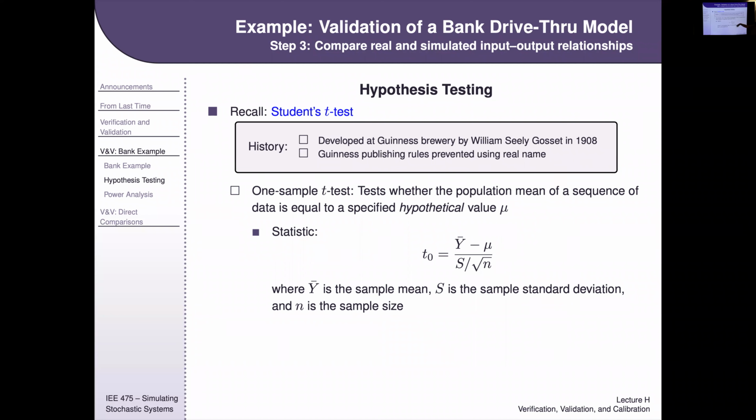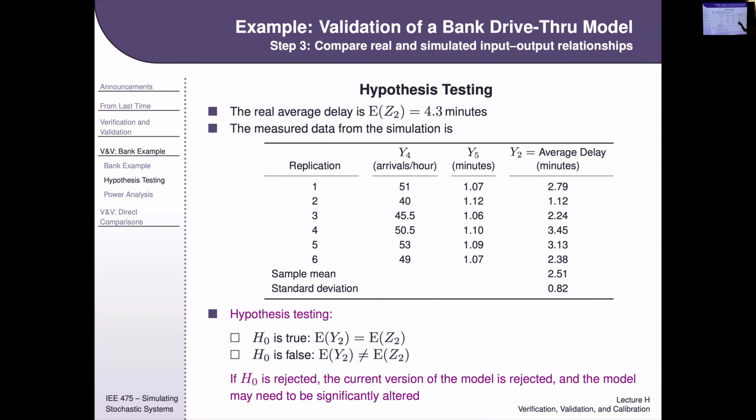The basic idea is that I've got this calculation, which we'll talk about where it comes from as we move on. This statistic helps me test whether the average of these things, which is this 2.51, is a reasonable variation away from the 4.3 that I'm expecting.